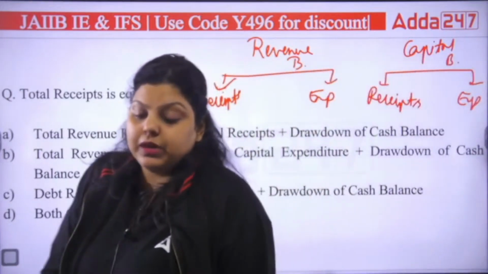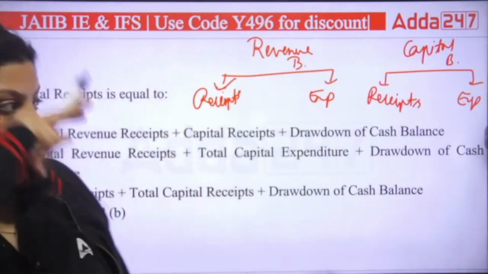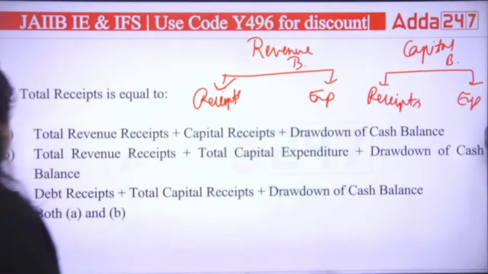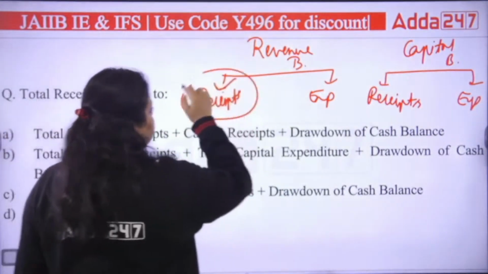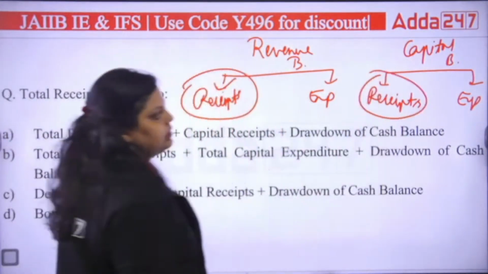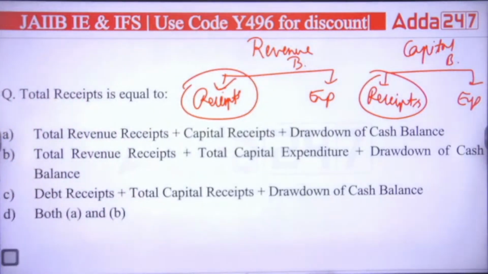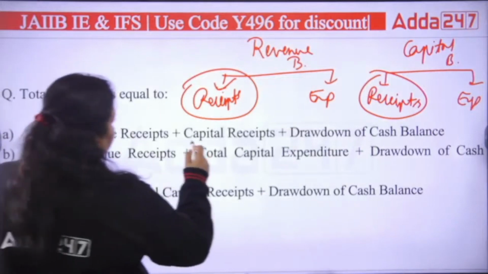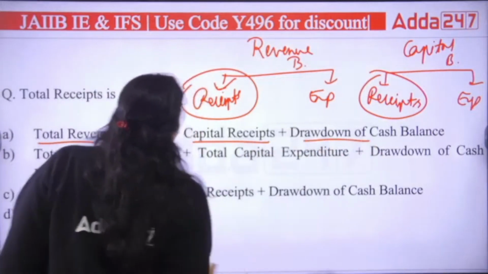From this chart, you can calculate the total receipts: the revenue receipts plus the capital receipts give your total revenue, but we also have to add the drawdown of cash balance. So the first option is correct: total revenue receipts, total capital receipts plus the drawdown of the cash balance.